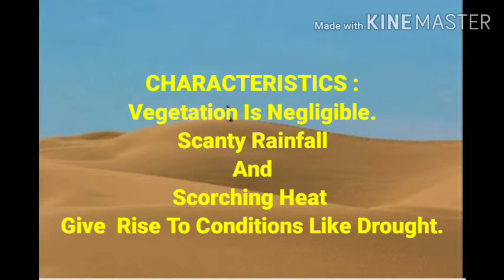The desert environments are so dry that they support only extremely sparse vegetation, and that is why it can be said that trees and vegetation are almost absent or negligible in these areas. Factors like scanty rainfall and scorching heat often give rise to conditions like drought, which is an event of prolonged shortage in the supply of water.